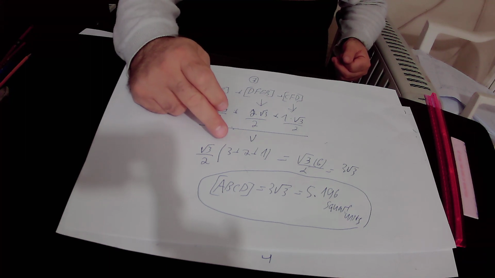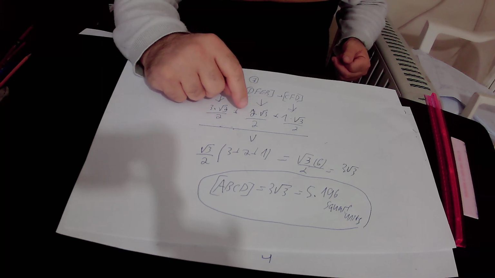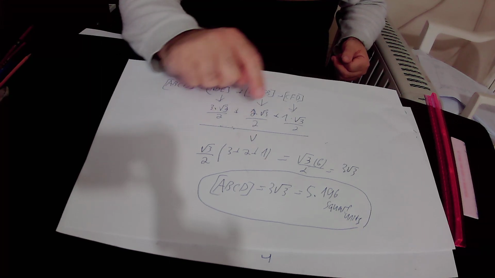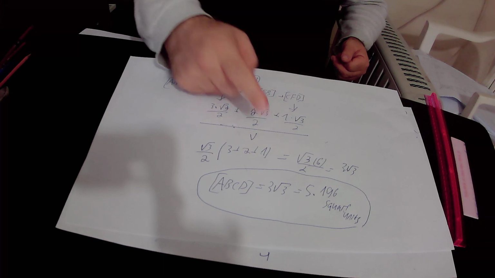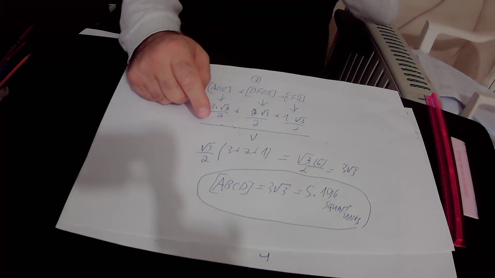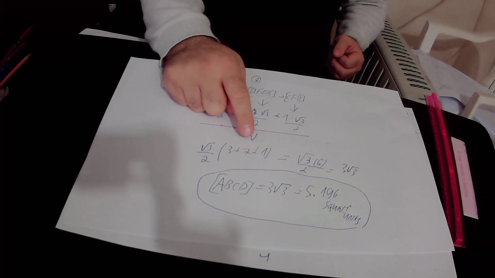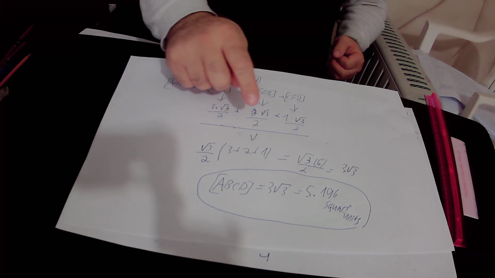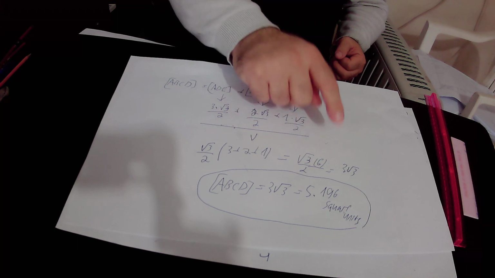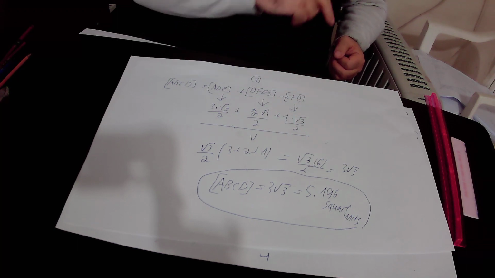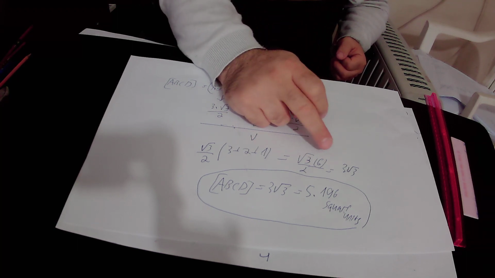It is actually 3. And from this expression we are left only with 2, and from this expression we are left only with 1. So square root of 3 over 2, 3 plus 2 is 5, 5 plus 1 is 6. So we got square root of 3 over 2 times 6. 6 over 2 is 3.